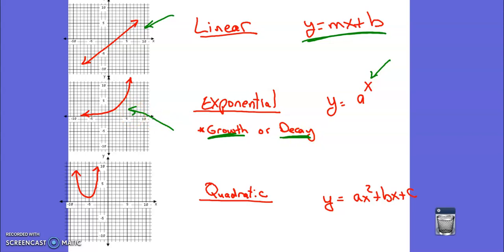Again, if you're talking about population or bacteria, something could grow really fast or decay really fast, like the value of a car or something like that. So those are exponential functions. And then quadratic. Quadratic is what we've been talking about recently. It makes the shape of a parabola, and it's symmetrical, and the exponent is a 2. So we've talked about linear functions, exponential functions, and quadratic functions.